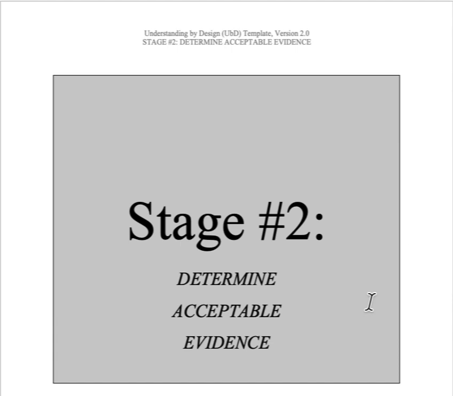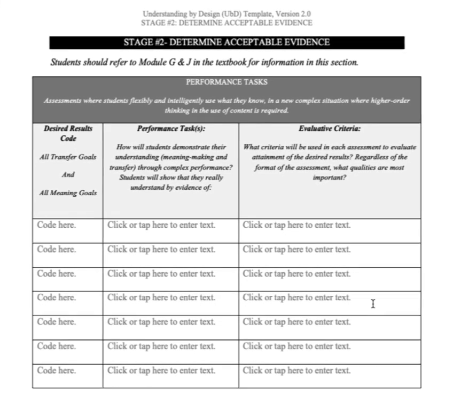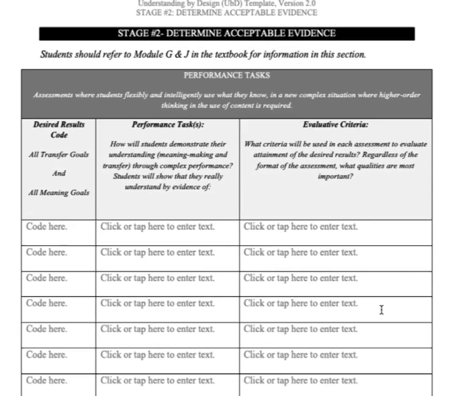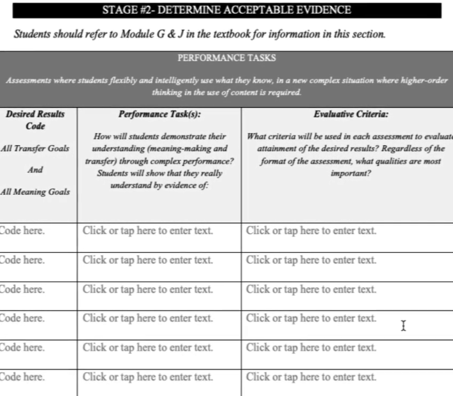If you recall from Stage 1 in UBD, we determined the big ideas or enduring understandings of the unit that we are going to teach. So now that we are in Stage 2, the first thing we're going to do is to identify a performance task that will demonstrate mastery of those transfer goals and meaning goals that we identified in Stage 1.